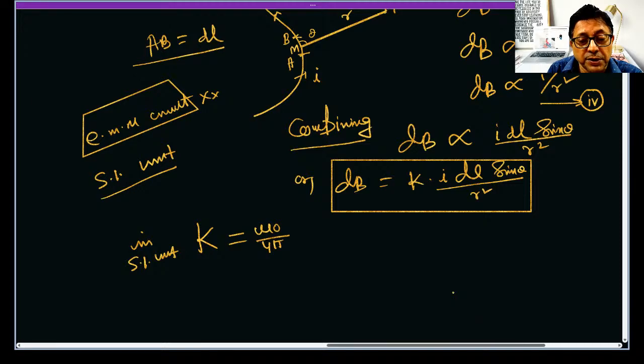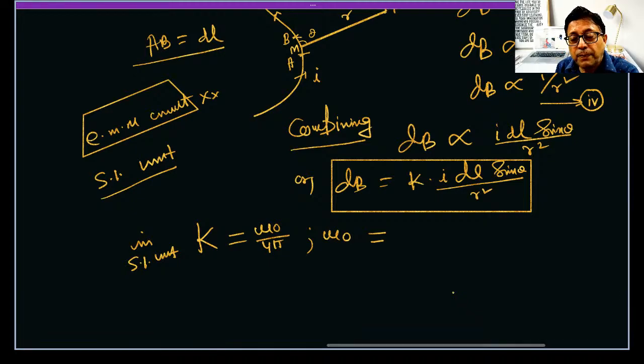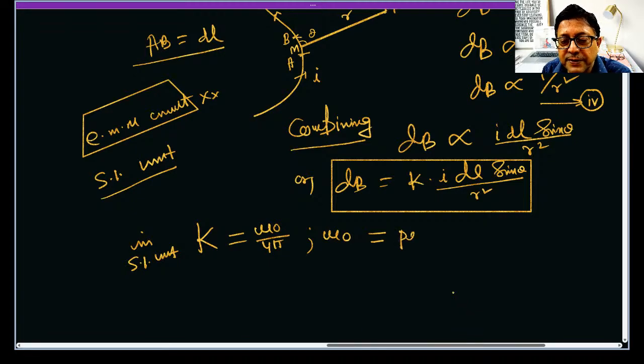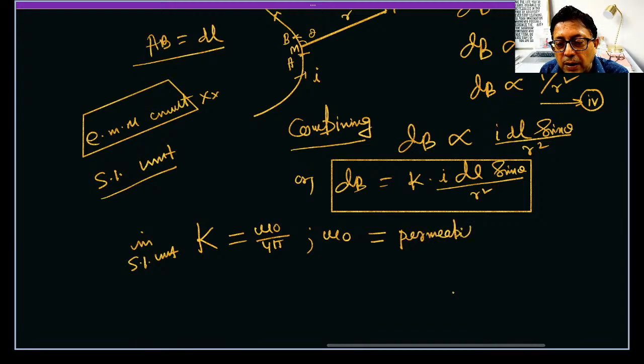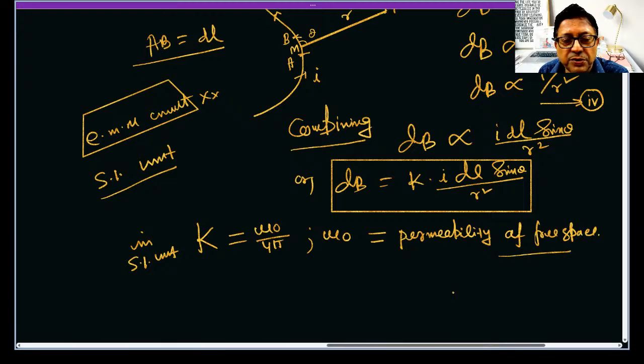This mu 0 is like epsilon 0 in electrostatics. What is epsilon 0? That is the permittivity of free space. What is mu 0? It is called the permeability of free space.